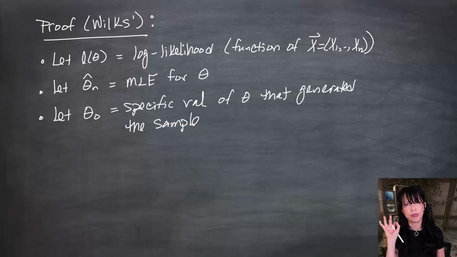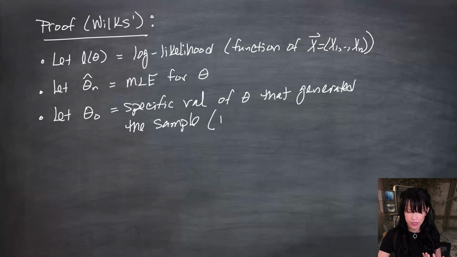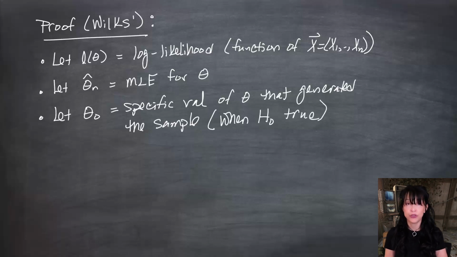We want to talk about the specific value that generated the data, and really what this comes down to is the probability we need to compute for this hypothesis test is something that happens when the null hypothesis is true. So under the assumption that the null hypothesis parameter was used to generate the data, we have the following results.